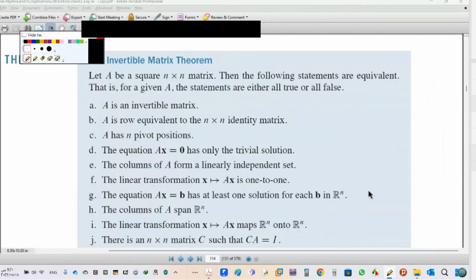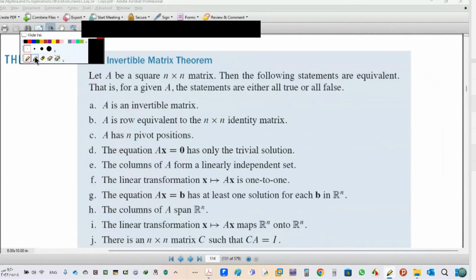Let's say this one is a square matrix. Then the following statements are equivalent.